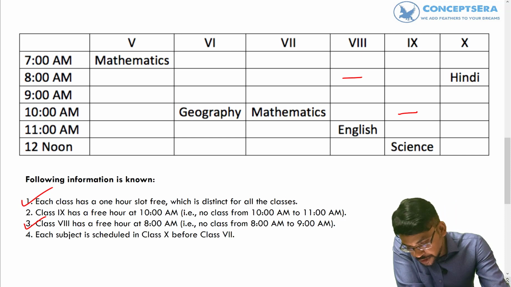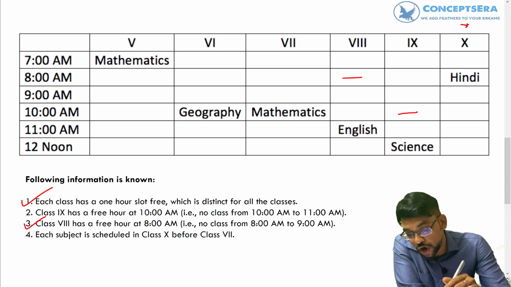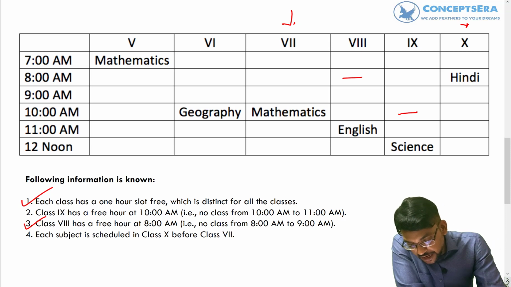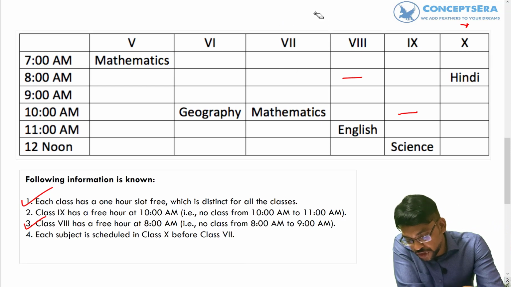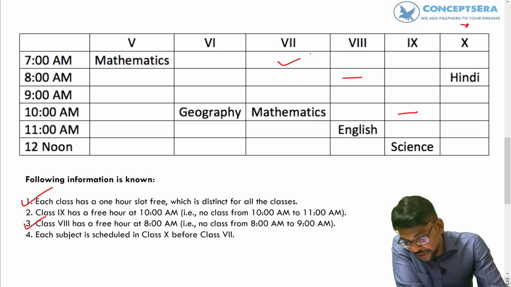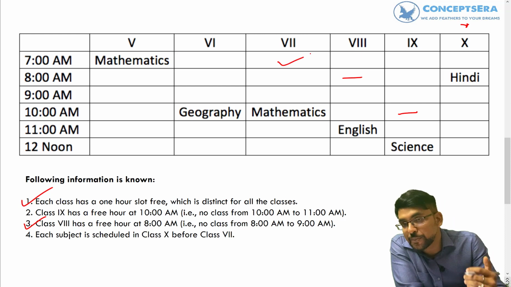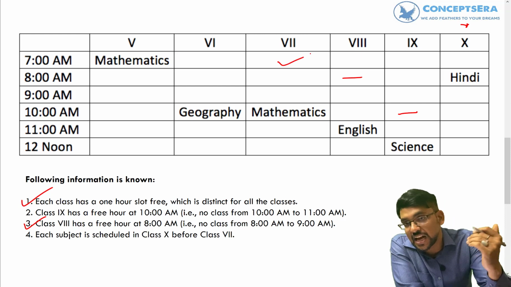That means in this particular class, every subject has been taught before this particular class. What can we infer from here? It means I cannot take any subject at this particular position. Why? Because if something is taught at this particular position, it cannot happen before in class 10th.